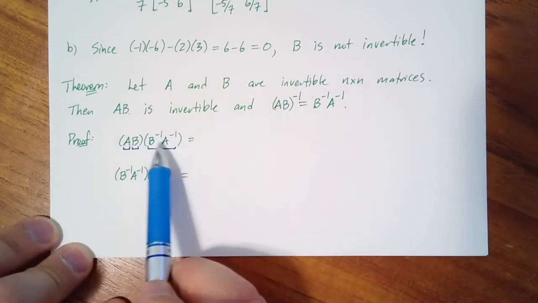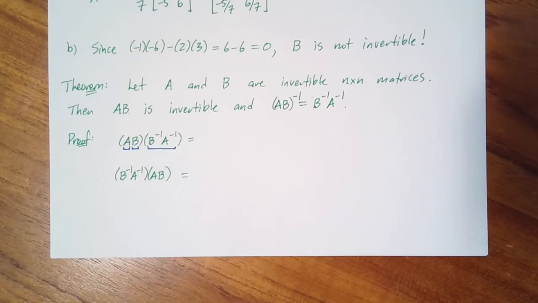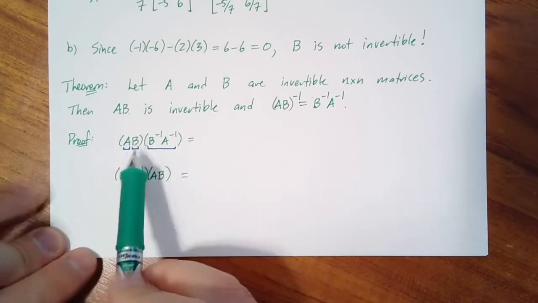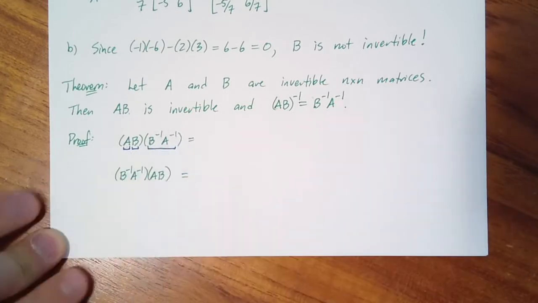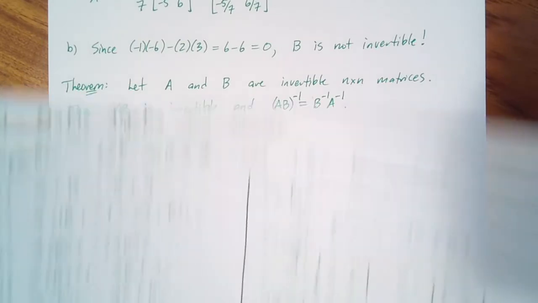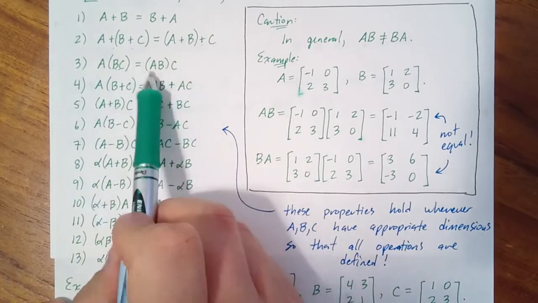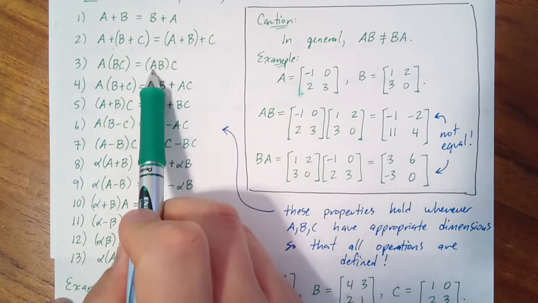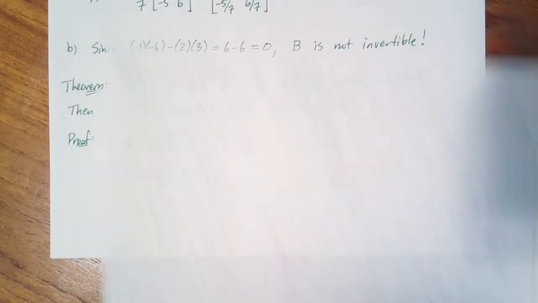It's not that there isn't two matrices being multiplied, but at this point, I don't want you to focus on that for the moment. I want you to focus on a pair of brackets with two matrices multiplied, and then another matrix over here. And the reason I want to do that is because I'm actually going to use the associative property here. Because with the associative property of multiplication, we have this situation, right? We have two matrices multiplied in brackets, and then another matrix multiplied on the right.